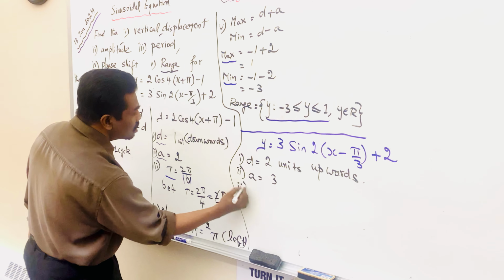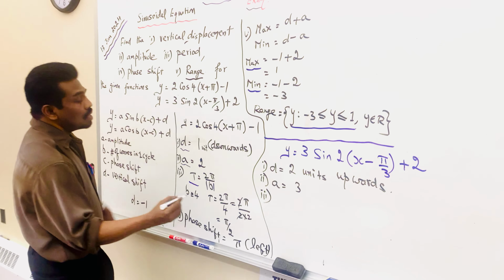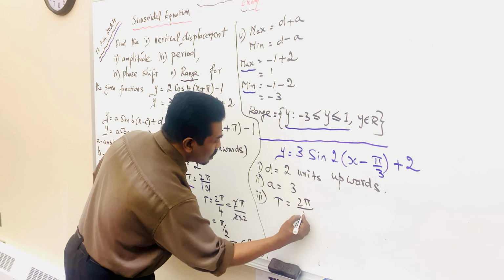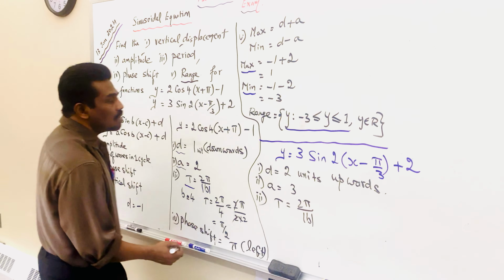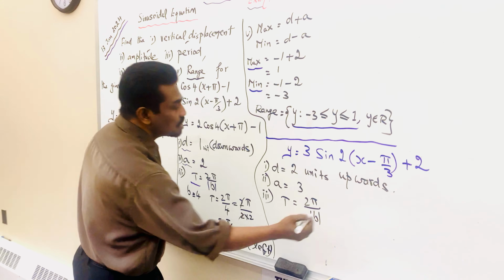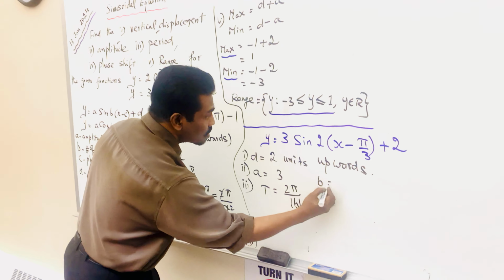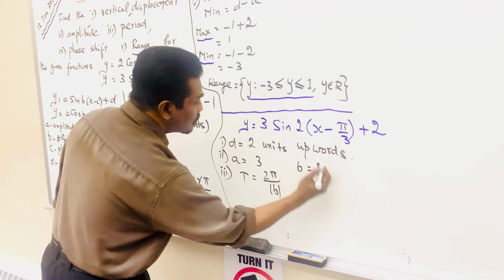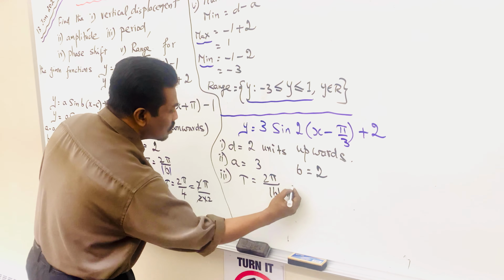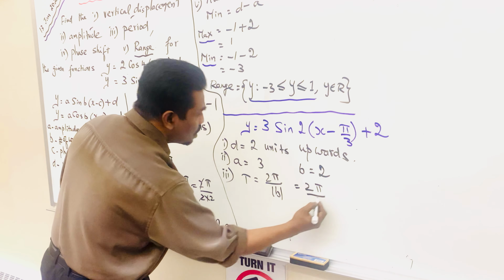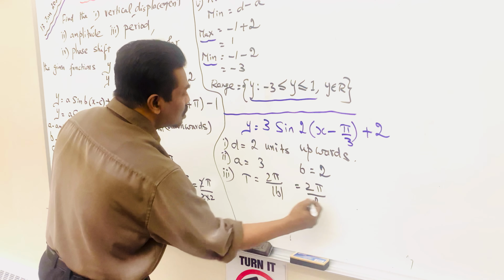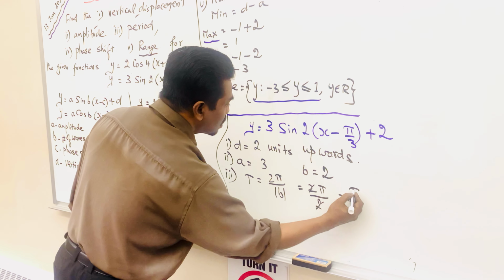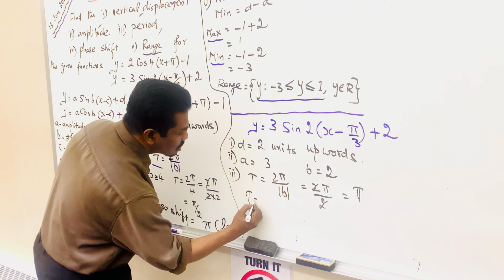And the third one is period T equal to 2 pi over modulus of B, and we must know what B is. So here B equals 2, so 2 pi over 2, and the 2 gets cancelled, the period is just pi. So T is equal to pi.